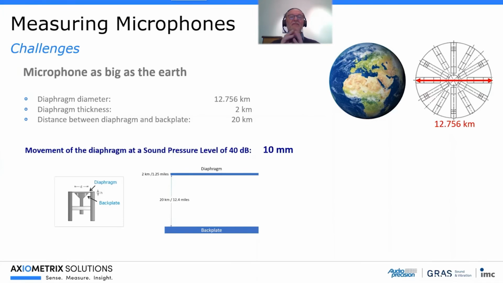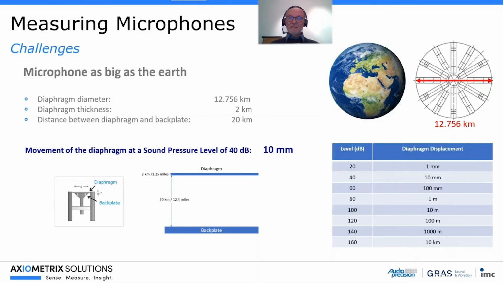If we apply a sound source with a signal of 40 dB, then this 2-kilometer-thick diaphragm will move 10 millimeters. And we can see here, if we change the level to 20 dB, then it will move 1 millimeter.